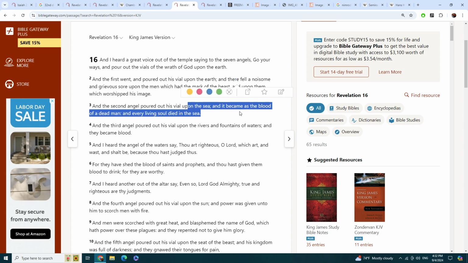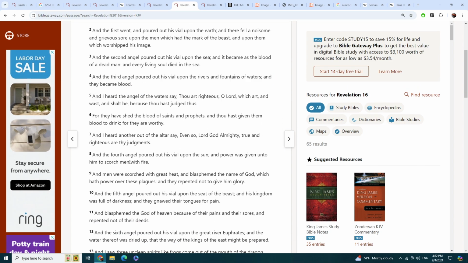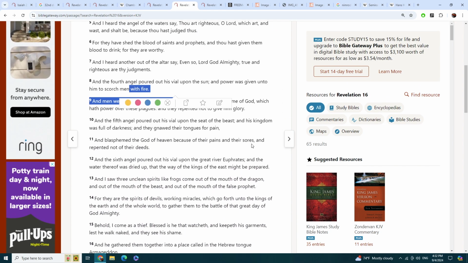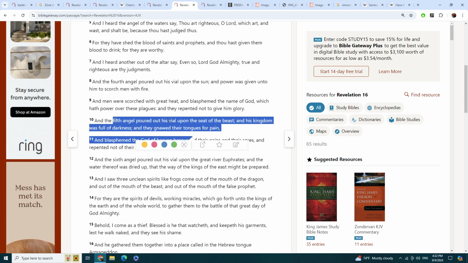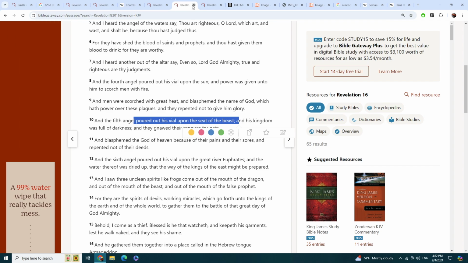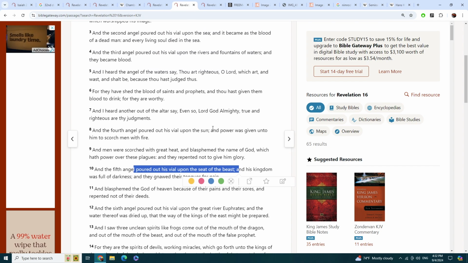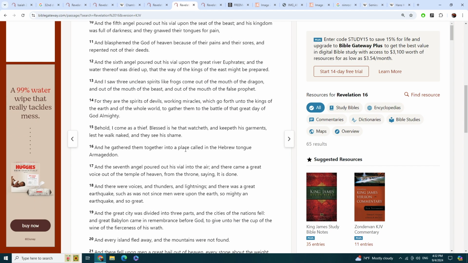Earth, water, fire, that's the sun. And then it's going to be water. Where the woman sits, she sits on the sea, the holy sea, right? That's the seat of the beast. Because the next chapter you'll see, the woman sits on the waters. So they did earth, water, fire, water, Euphrates, water, and air.